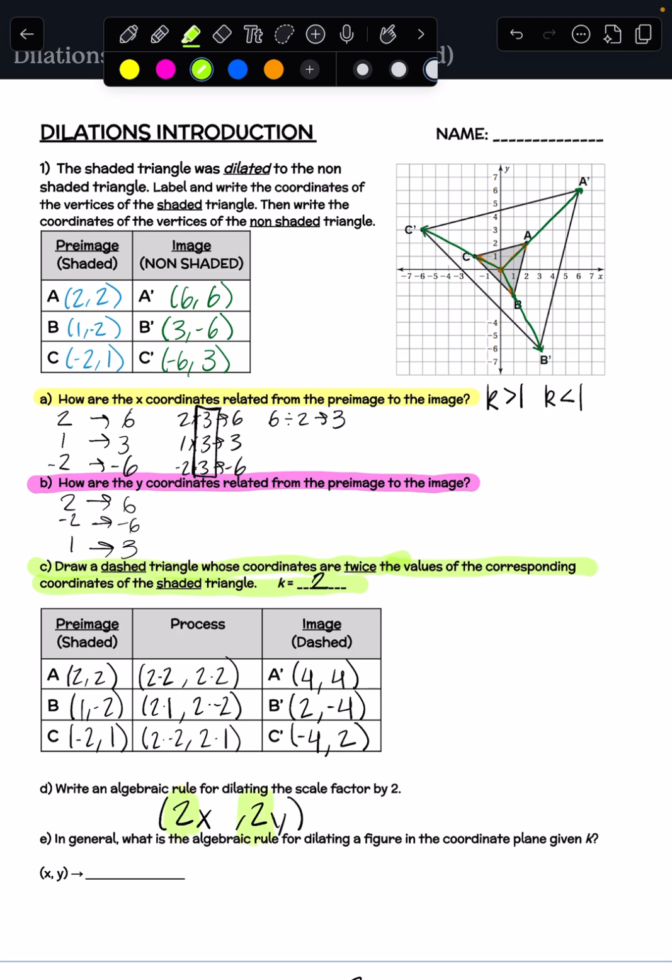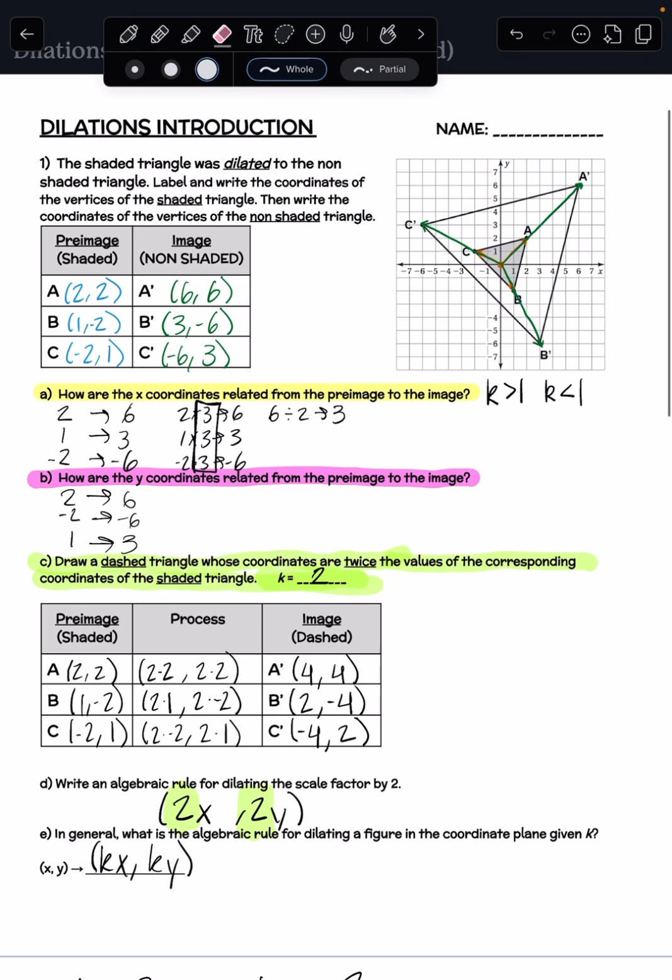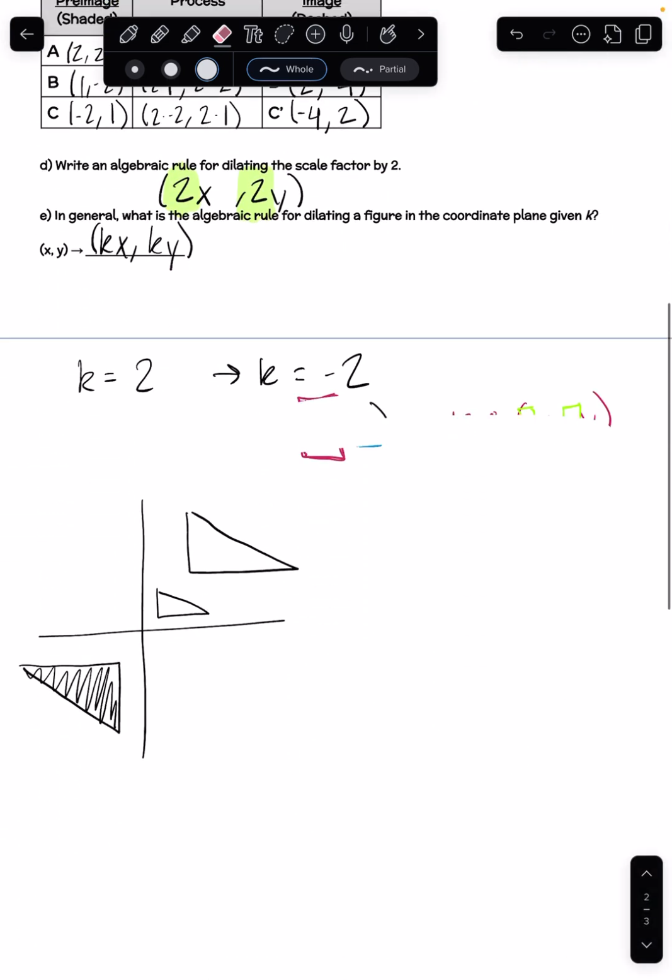Well, up here, the scale factor is defined as k. So I'm going to say that (kx, ky) is the general rule for dilating a shape. There's only one more thing we need to talk about before you can go on to your own practice. We're going to do it on the next page.